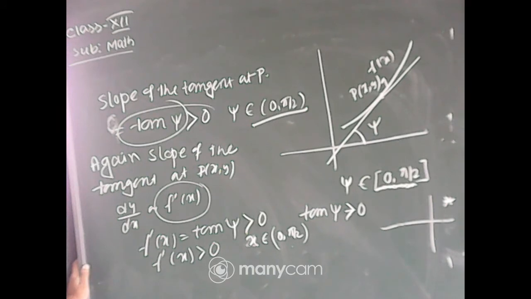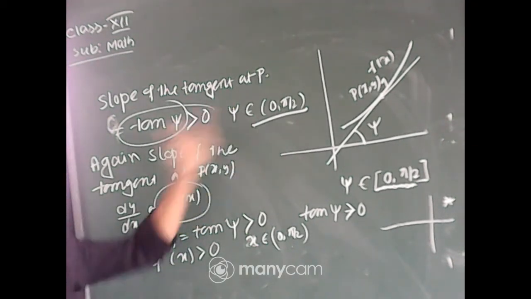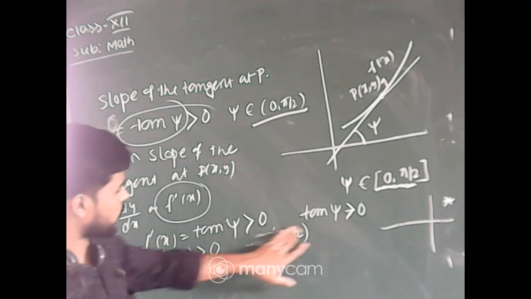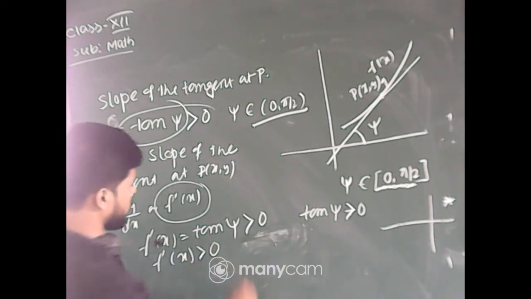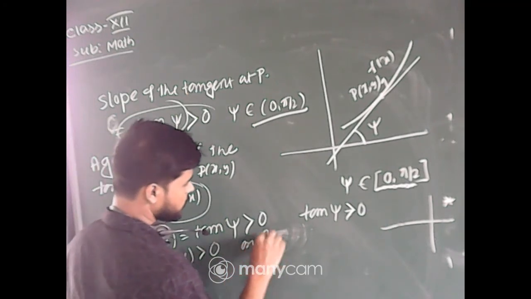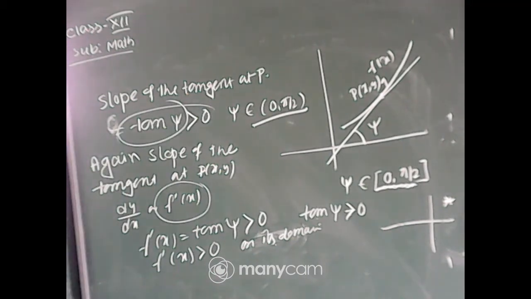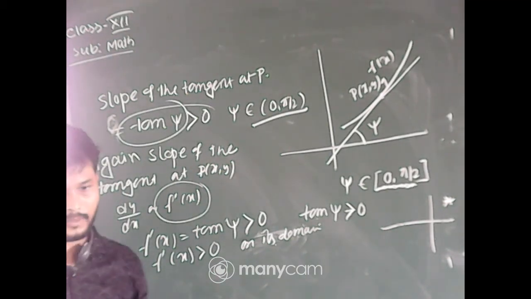Okay, that means the function is an increasing function on its domain. Actually not x belongs to pi by 2, actually on its domain. Okay, any problem?